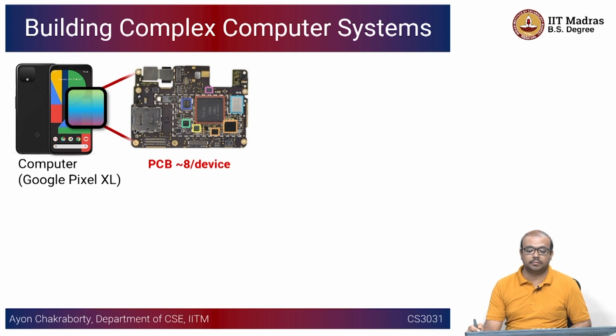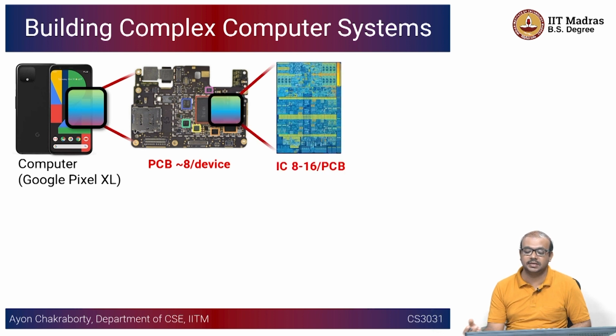As you can see, these PCBs are immensely complex. All these PCBs are going to have some integrated chips, ICs we typically call them, and there are maybe 8 to as many as 20 ICs in a complicated PCB.